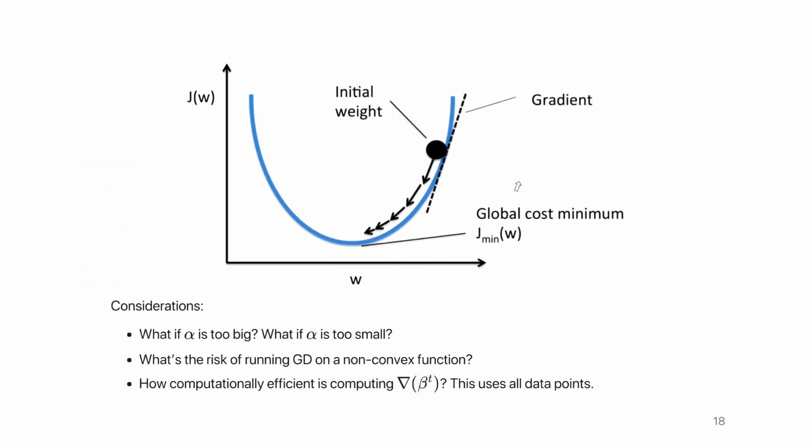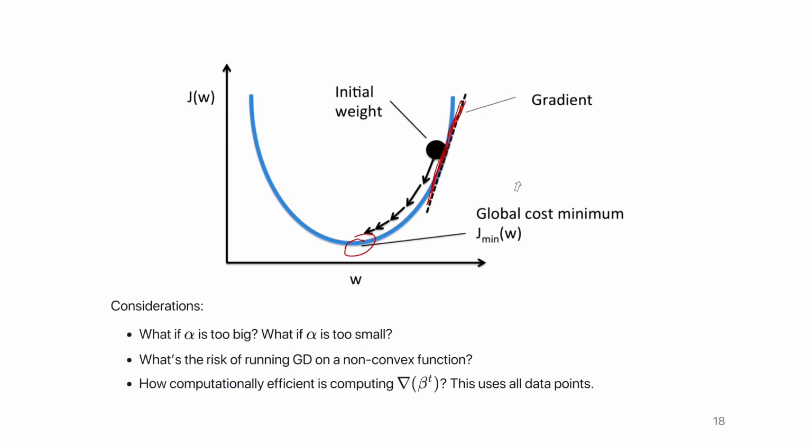Okay, so if we look at the picture for gradient descent just at a high level, as I mentioned, in this case, if your gradient is positive, we see that the global minimum is here. So logically, we would want to move our beta in the direction opposite the gradient, right?